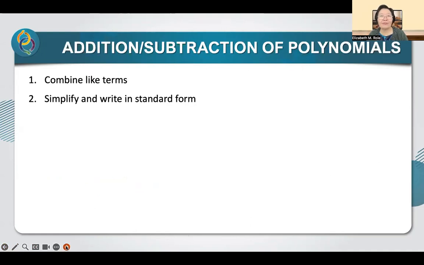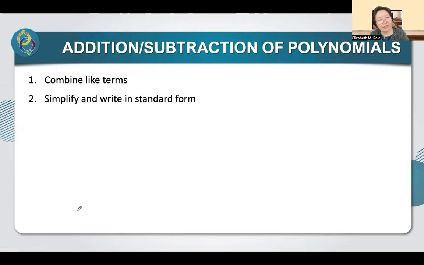So now we'll talk about adding and subtracting polynomials. We now have those terms with exponents, the variables, and so on. When we add and subtract polynomials, the first thing we need is that the combination should be like terms.